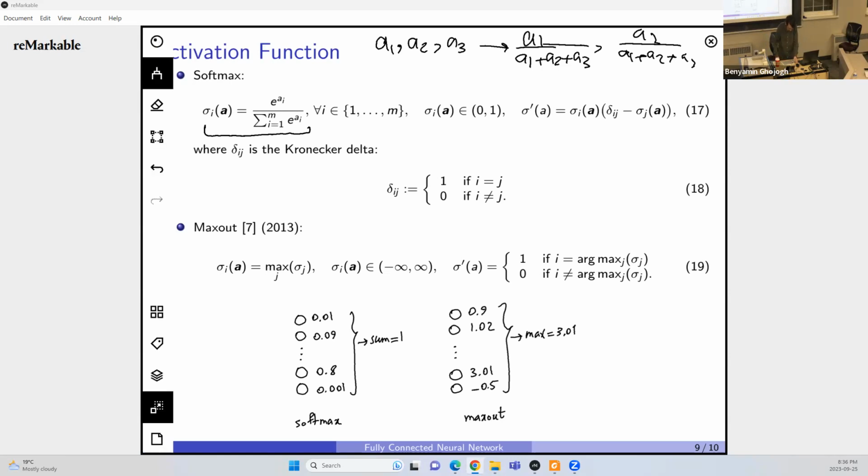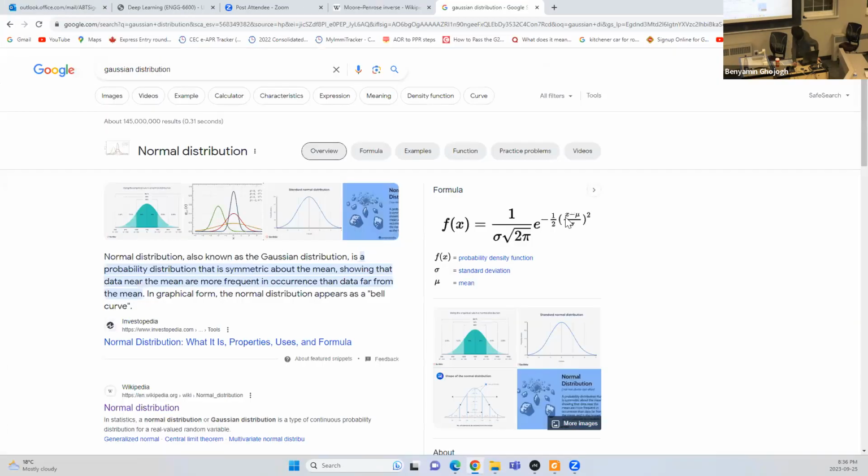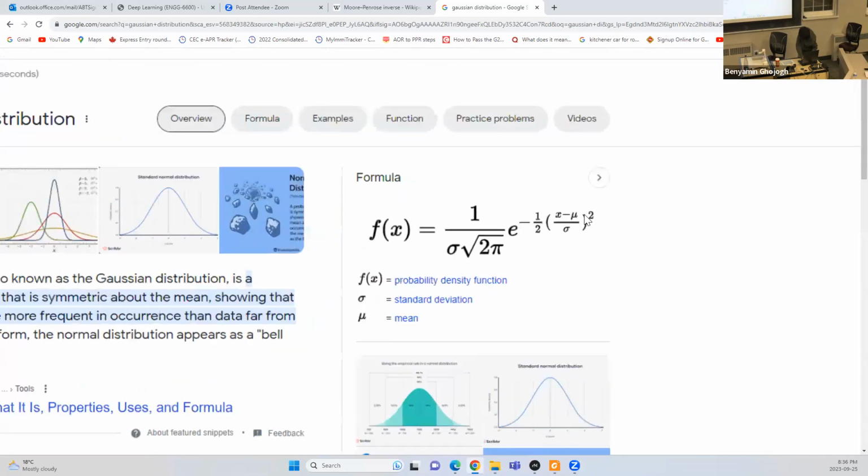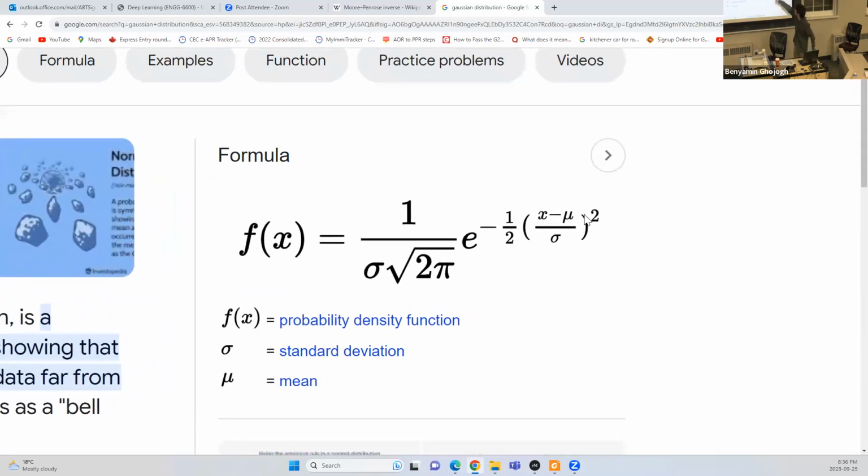What was the formula for the Gaussian distribution? Let me Google it. We don't memorize anything, right? This is right. Some normalization factor, right? Times e to the power of something.